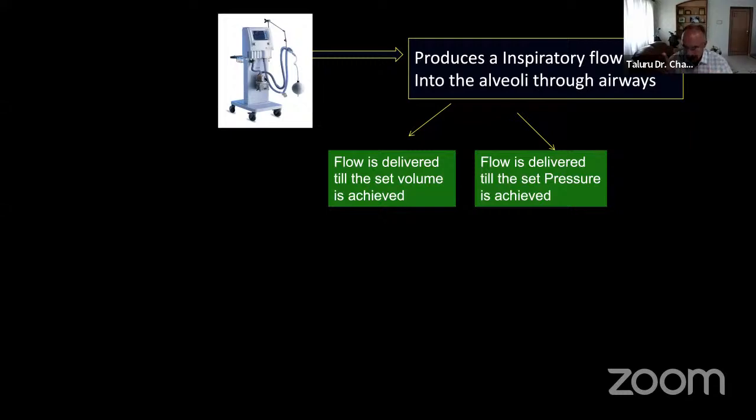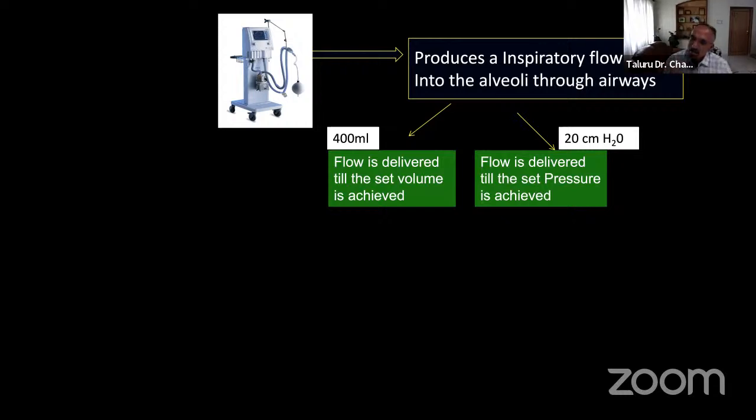And you can set it in only 2 ways. You can tell the ventilator, you deliver a flow of gas till the tidal volume that I have set is achieved. That is called volume modes. Or I can tell the ventilator, you give a flow till the pressure that I have set, say, for example, in this case, 20 centimeters.